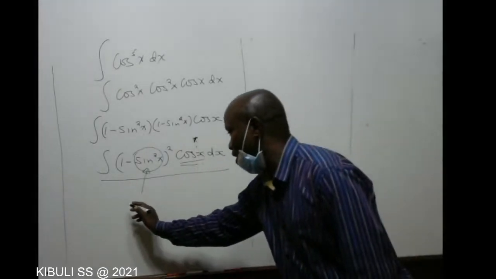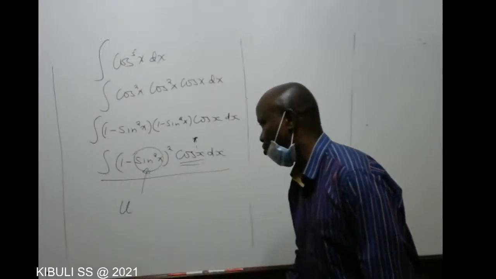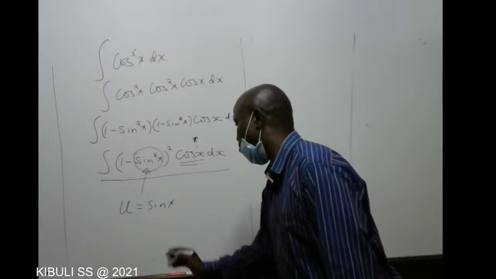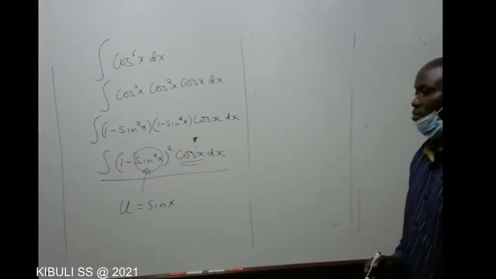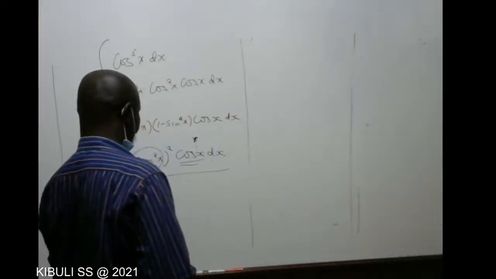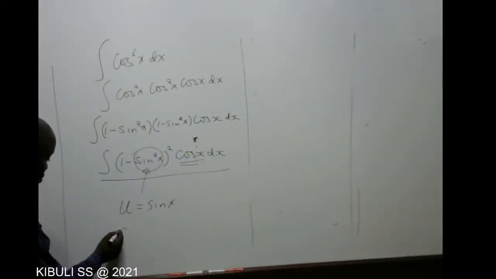So I'll let any variable, like u, equal the function, which is what? Then you try to differentiate. This gives us du/dx.